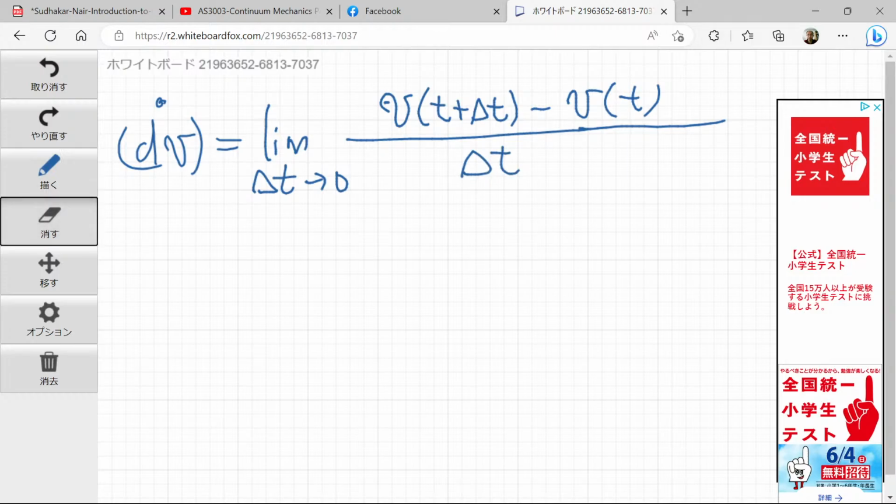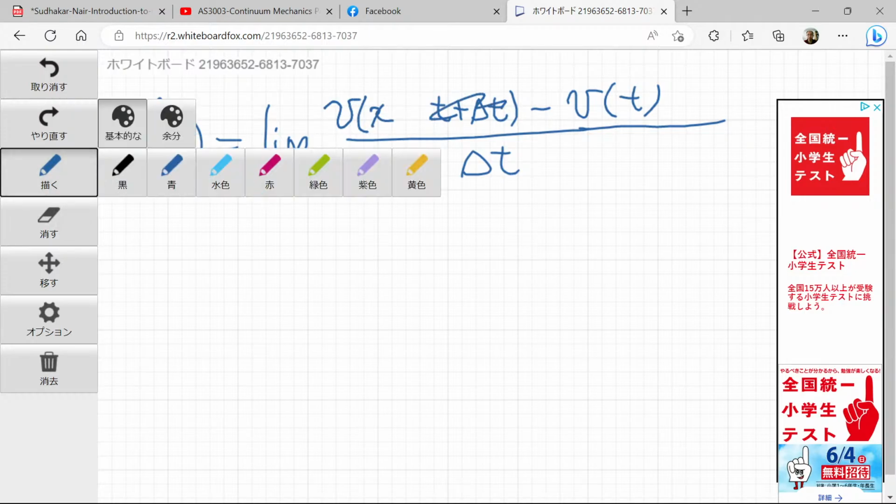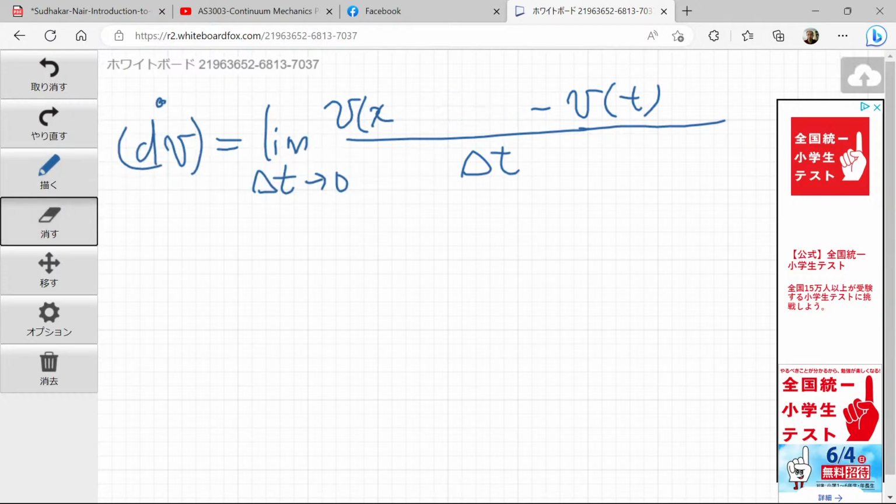And this volume is actually a function of position, x, which is a function of time.